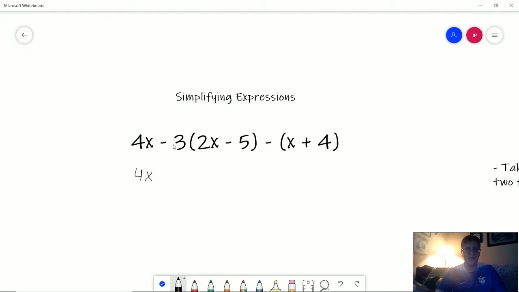Then we have 3 times 2x to get 6x, 3 times negative 5 to get negative 15, so we would be doing 4x plus 6x minus 15. And then this part here is this idea of distributing the negative, as the book describes it. So we would be doing minus x minus 4.